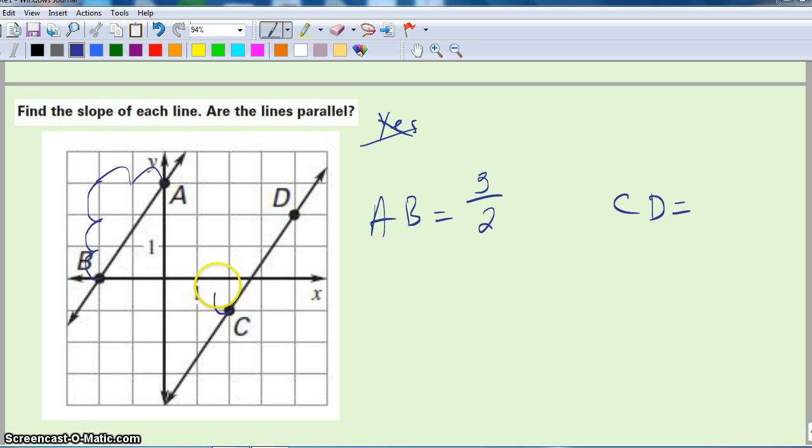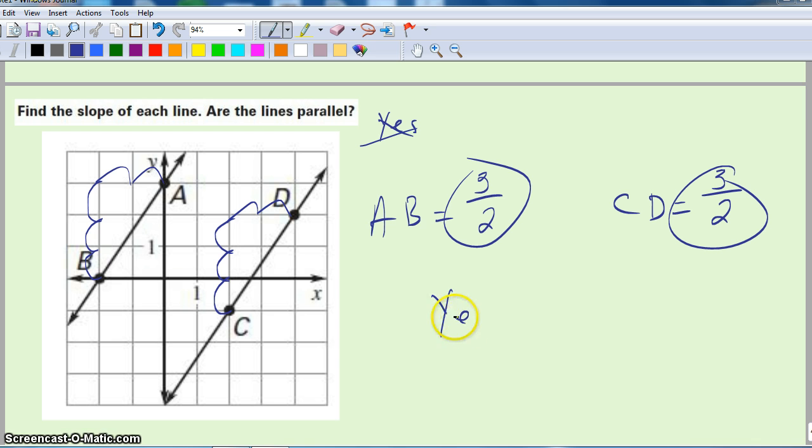Here it is. 1, 2, 3. Divide by the run. 1, 2. Are these two numbers the same? Yes. So then yes, they're parallel. Now if we wrote this and have these numbers, there you go. Correct answer.